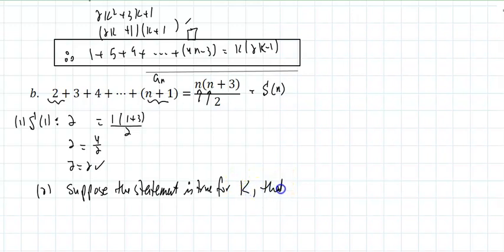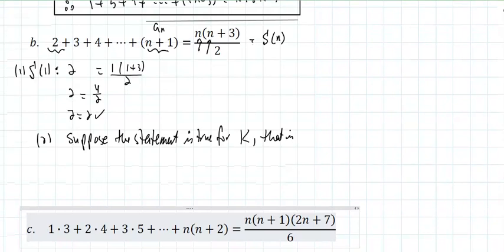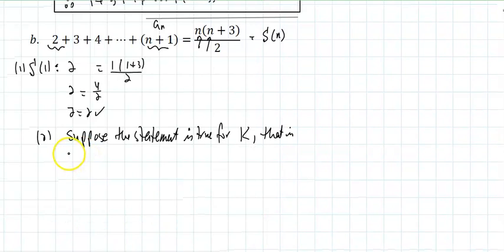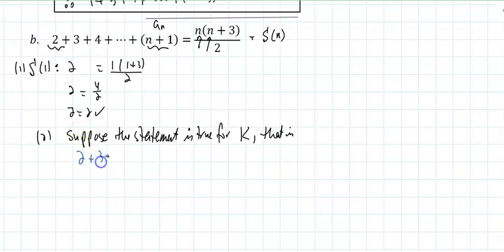That is, if I relist the same exact thing that I see, let me use a different color. If I take 2 plus 3 plus 4 plus k plus 1, that equals k into k plus 3 over 2. Now what?